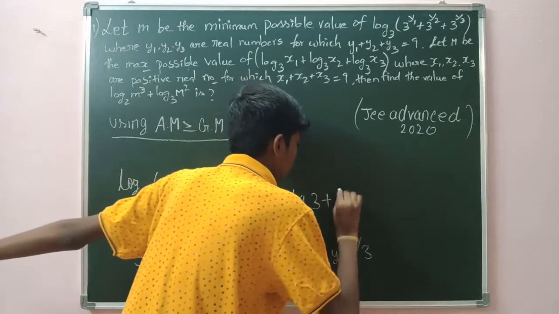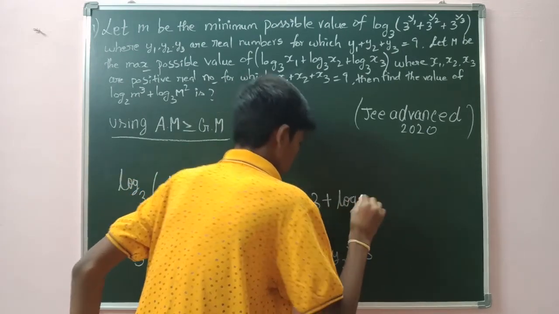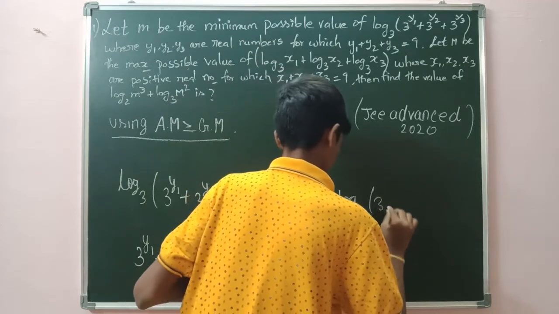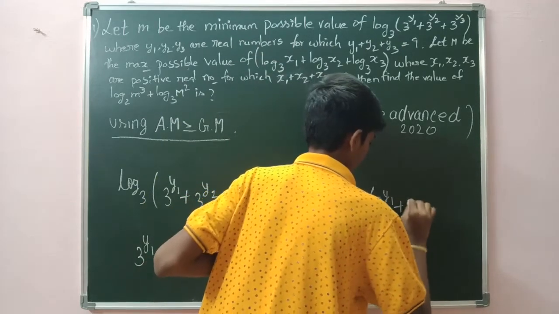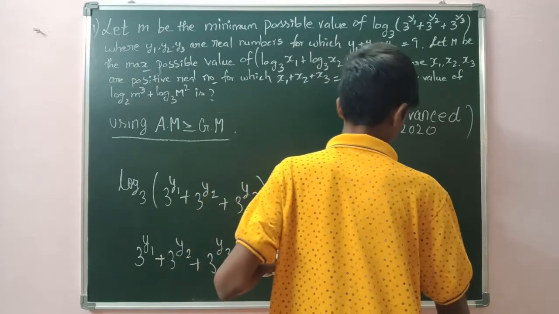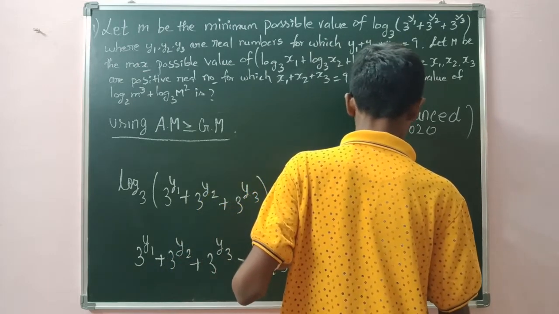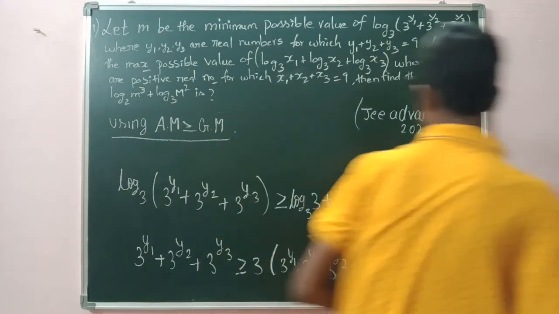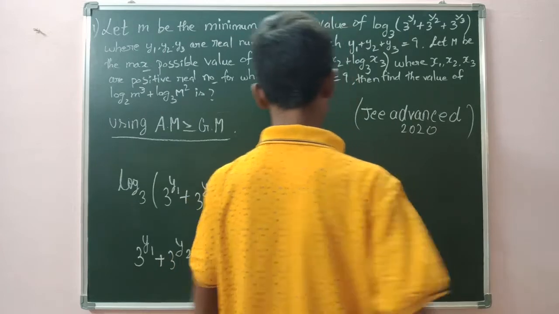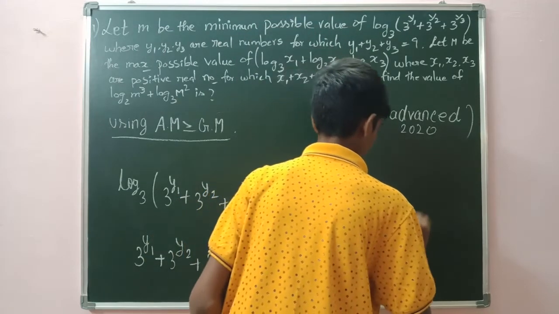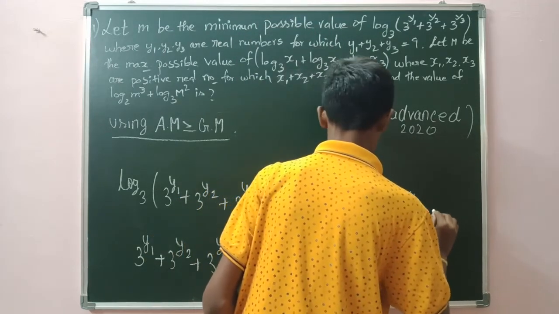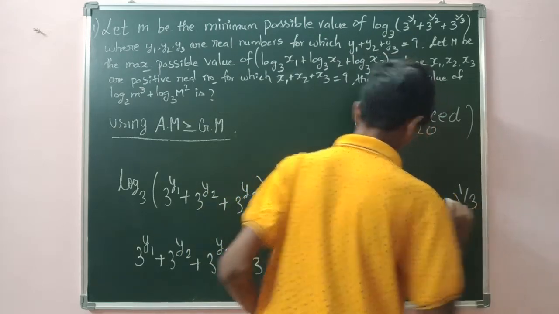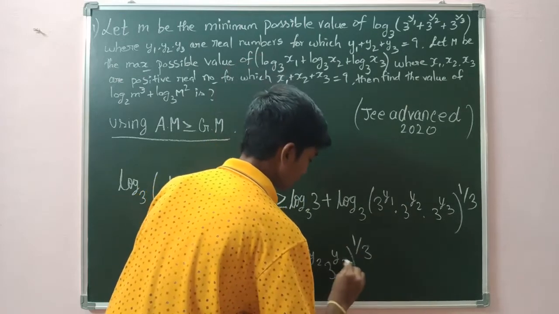Therefore, I can write this as log to the base 3 of 3 power y1 into 3 power y2 into 3 power y3, whole power 1 by 3. Sorry, it will be a product now. Sorry people, it is a product. Here also it is 3.